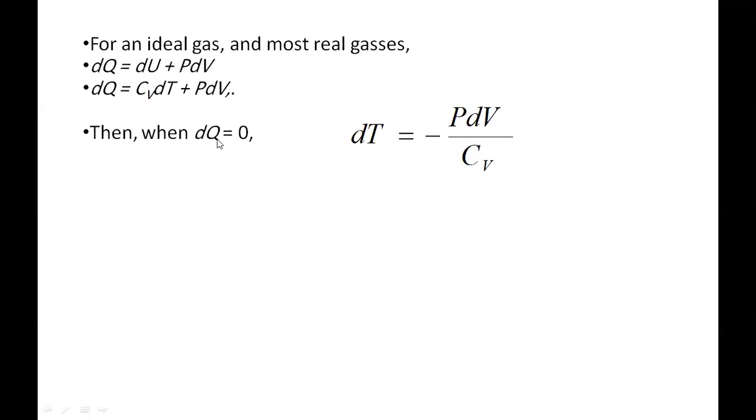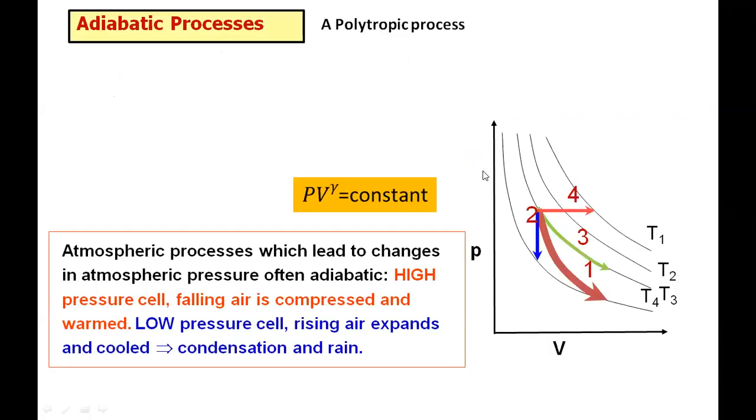Then when dq equals 0, dT equals minus PdV over Cv. So an adiabatic process is a polytropic process.